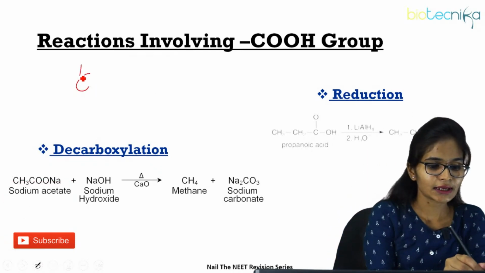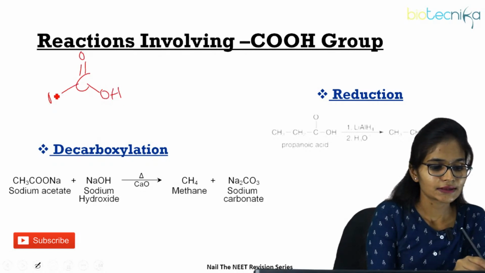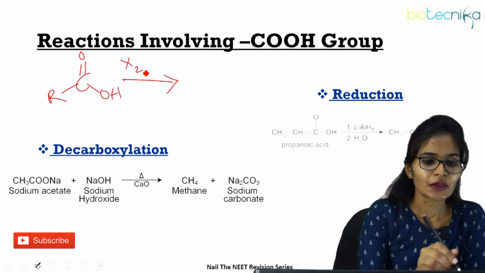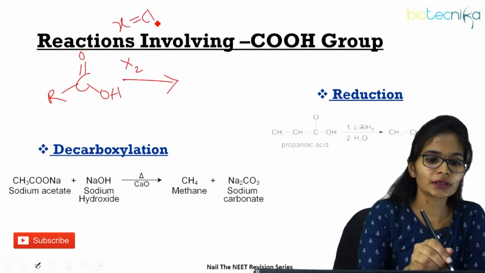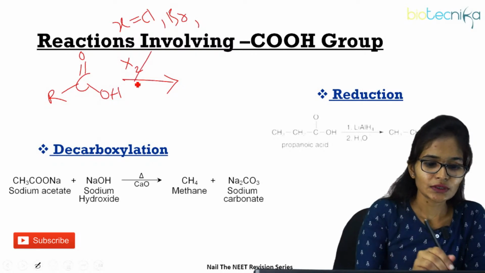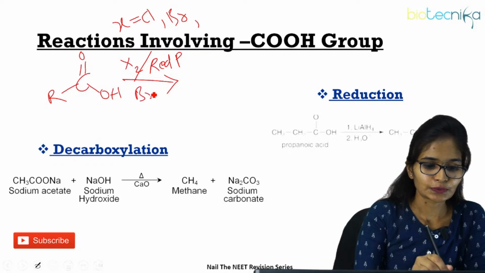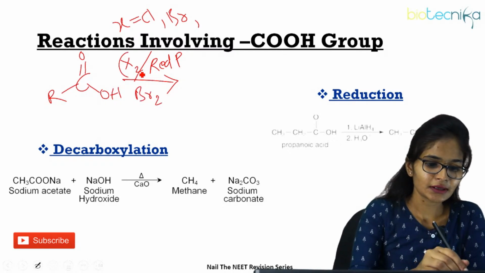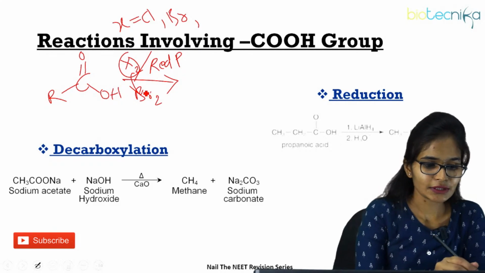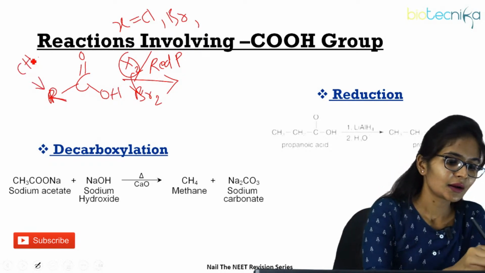So you have the carboxylic acid with OH on one side and R on the other side, and you have to treat it with X2, where X is chlorine or bromine, in the presence of red phosphorus and Br2. Here Br2 is the X2 I am using. Let me consider R as a methyl group.